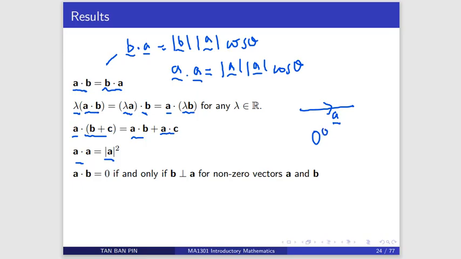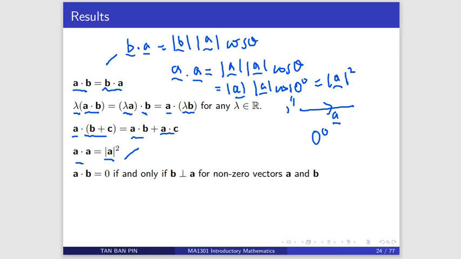So the angle between A and the vector A itself is 0. So it should be just magnitude of A squared times cosine 0, and cosine 0 is 1. So cosine 0 degrees is actually 1. So that's why it becomes just magnitude of A squared.